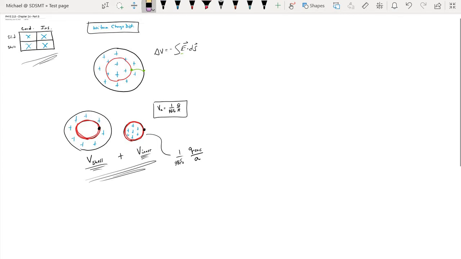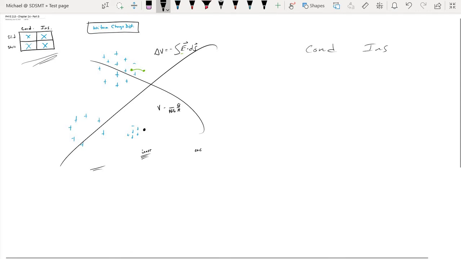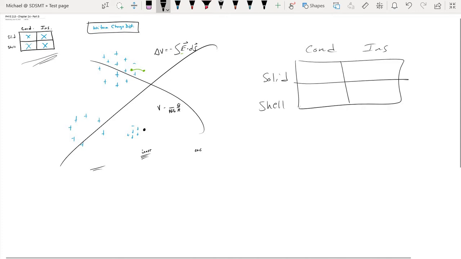And now that we know that, we can apply those same ideas of conducting and insulating materials, solid and hollow materials, to something like a cylinder.